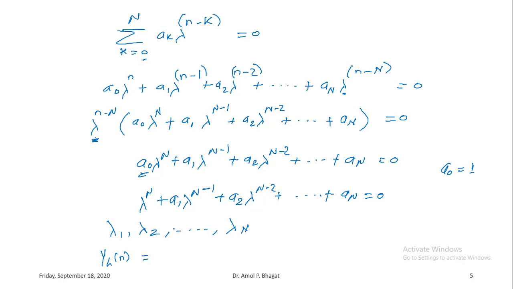But here total n roots are there, lambda 1, lambda 2 up to lambda n, so you have to consider n constants.